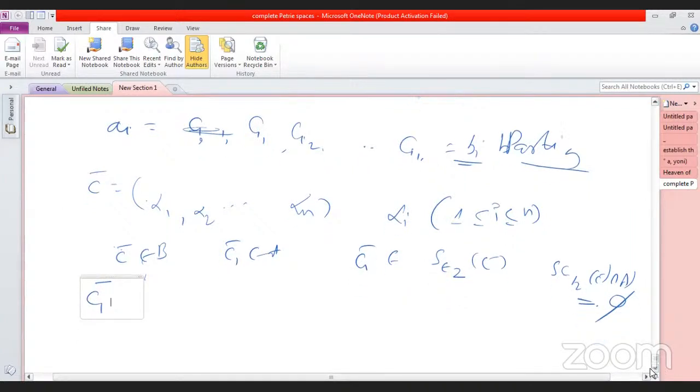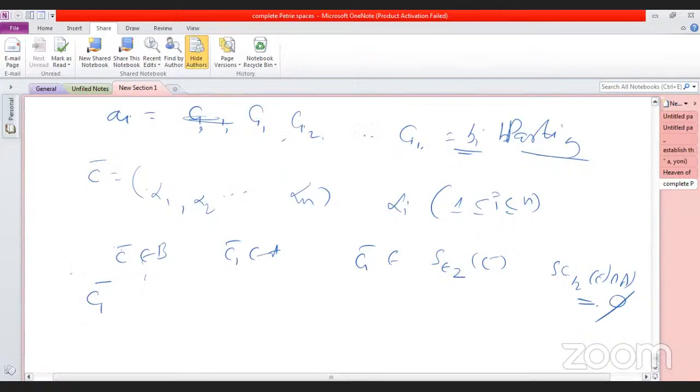Just a minute. C1 bar belongs to A such that C1 bar belongs to S epsilon by 2 of C bar. So already told that is the intersection.